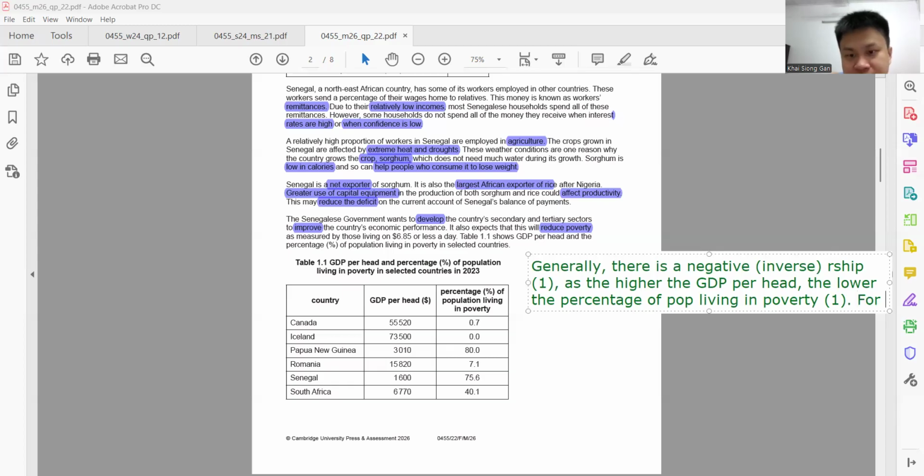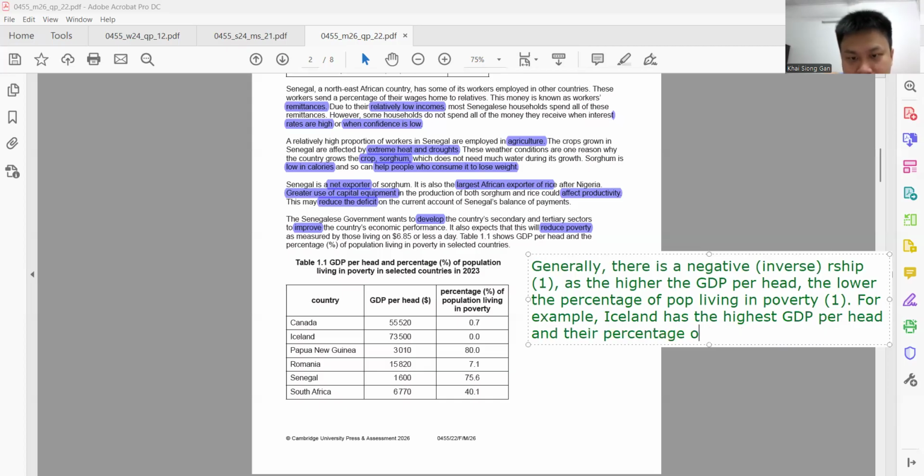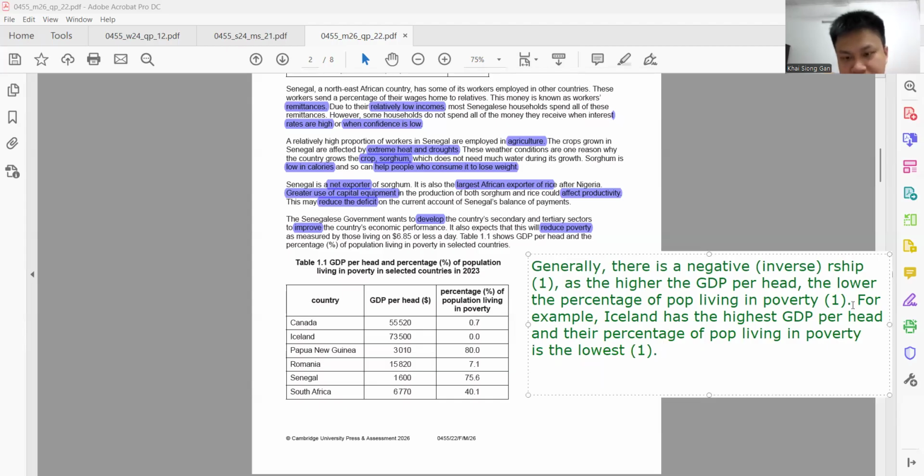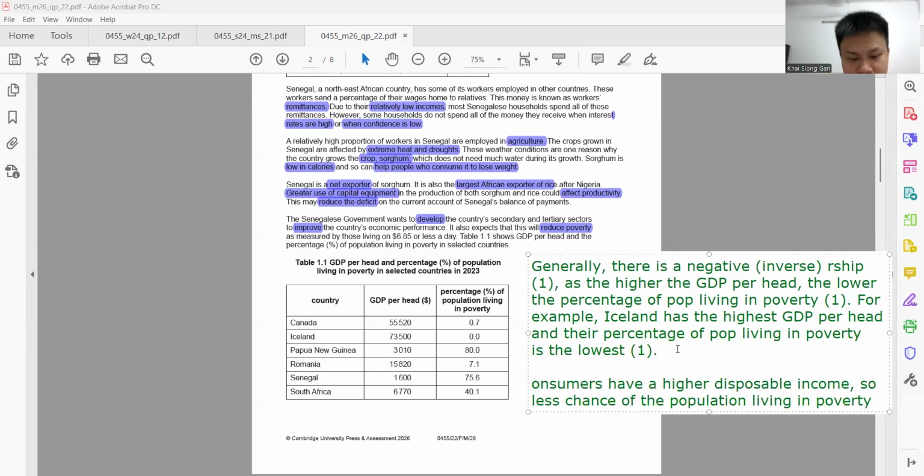For example, Iceland. Remember, use comparative words. Do not copy data. Iceland has the highest GDP per head and their percentage of population living in poverty is the lowest. Cindy gave the reasoning, which is good. You can use this reasoning.